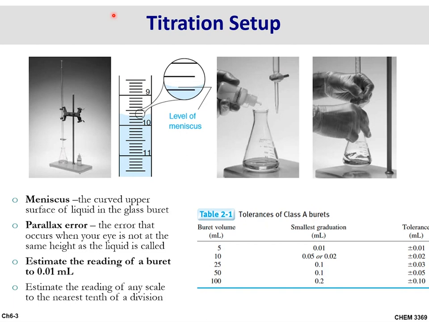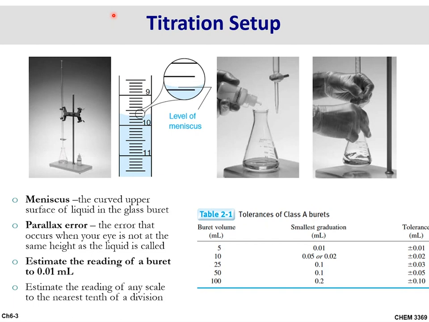When you read the volume, you're supposed to estimate the reading to the tenth of that smallest division. So that means you will be estimating the volume to the nearest 100th of a milliliter, or two decimal places, and this will be the last significant figure.